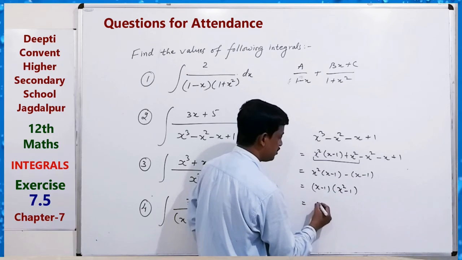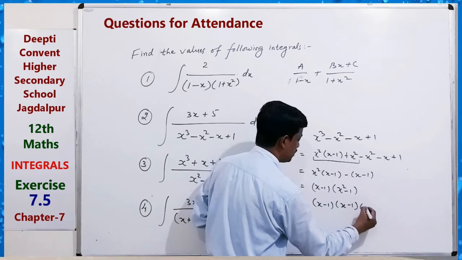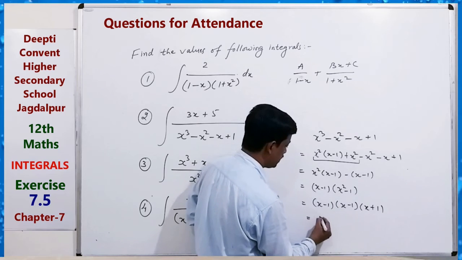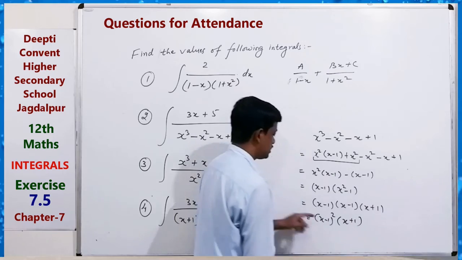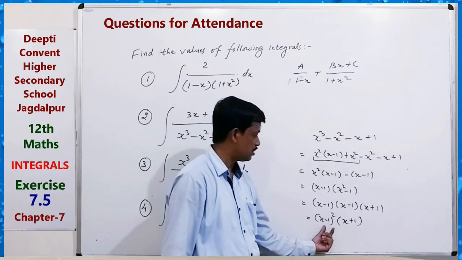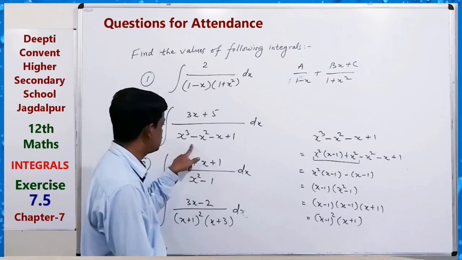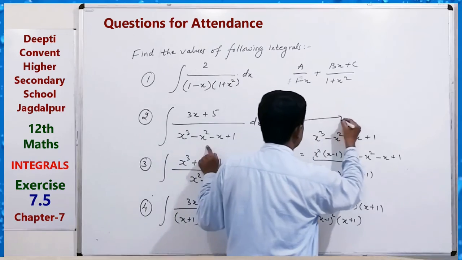So we will get x minus 1, x minus 1, x plus 1, using a square minus b square equals a minus b times a plus b. So we get x minus 1 whole square times x plus 1. This type of factor: x minus 1 two times, x plus 1 a single time. So how can you write this?